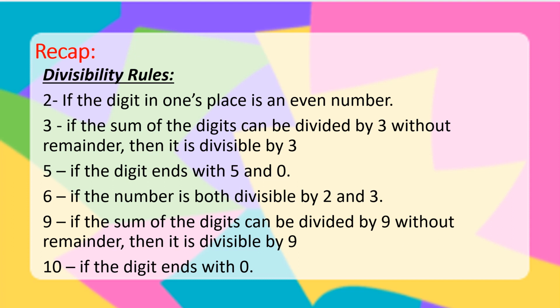By 5 if the digit ends with 5 and 0. 6 if the number is both divisible by 2 and 3. 9 if the sum of the digits can be divided by 9 without remainder. 10 if the digit ends with 0.